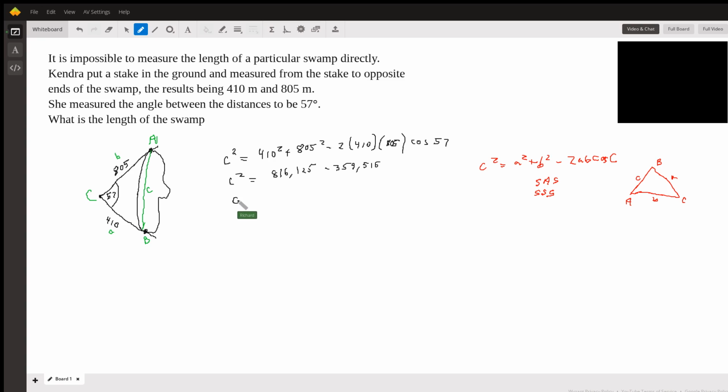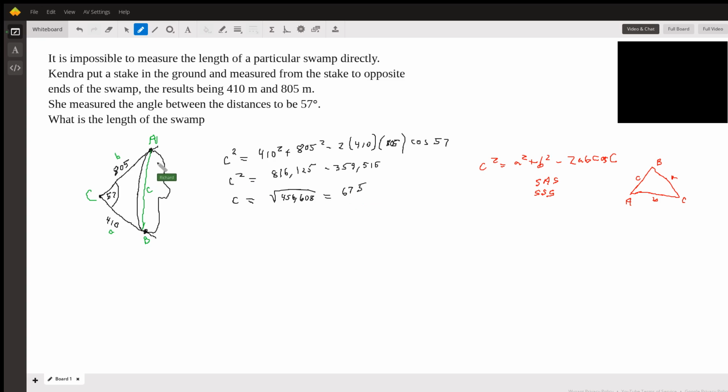And then c is going to be the square root of that difference, because we have to take the square root of both sides here. So the difference here is 456,608, and when I take the square root, I get roughly 675.